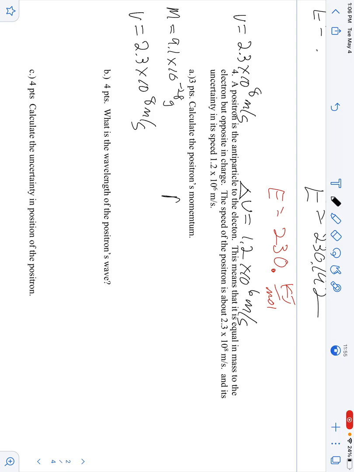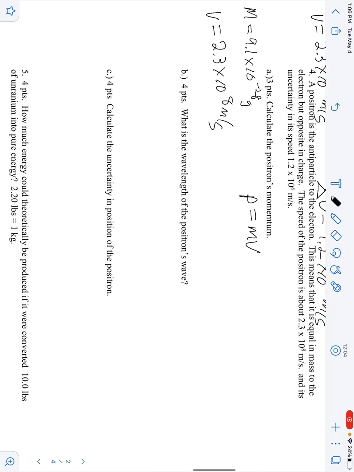So when I calculate my momentum, the equation that I'm using is P is equal to mv. I'm just going to kind of jump to letter C. When I'm calculating the uncertainty in position, the equation I would use would have the delta V. So just make sure you're being aware of whether you're using V or delta V. So back to 4A.